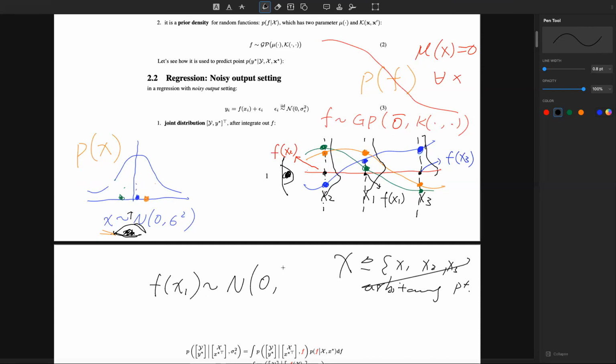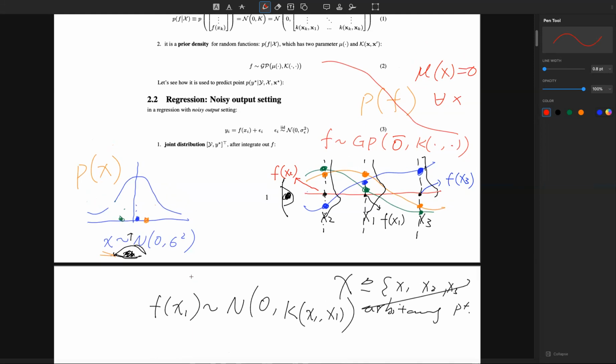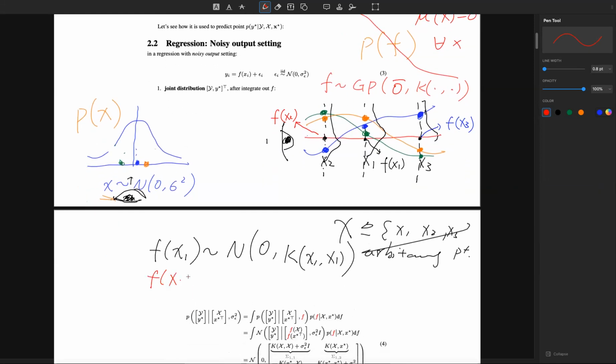What I just said: you have to have a kernel function, and you have x1 and x1 in here. By the same token, if I model f of x2, it should be 0, kernel of x2, x2. And the last one, I'm going to have f of x3.